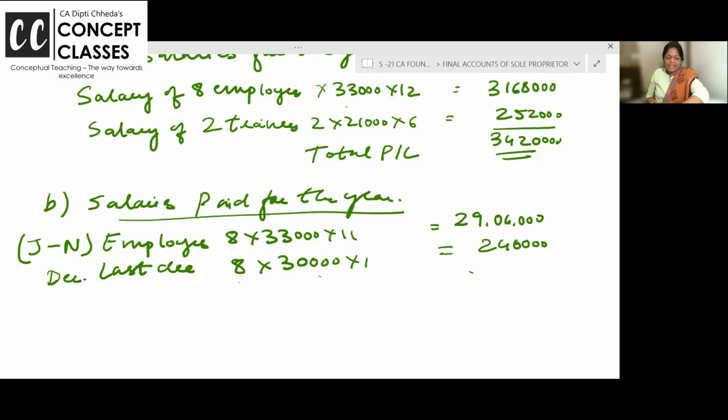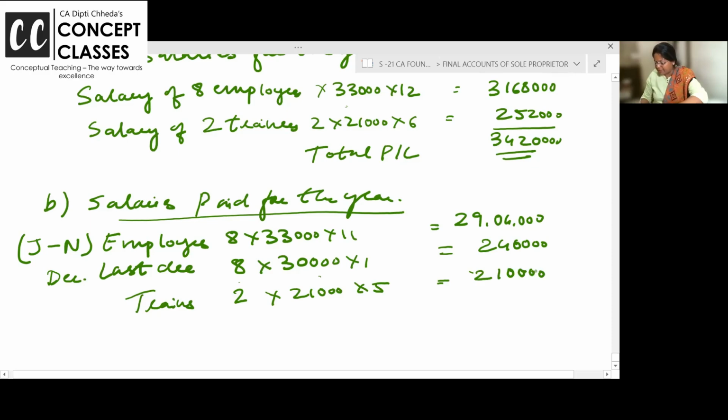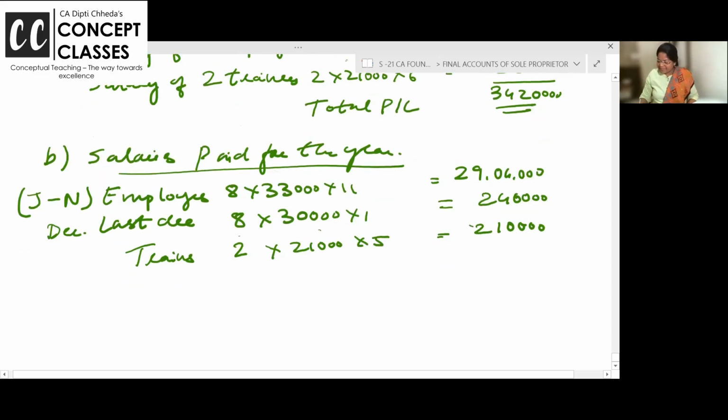Now the trainees. How many trainees are there? 2 trainees, 21,000 into 5. 2 into 21,000 into 5. 2,10,000. That's it.